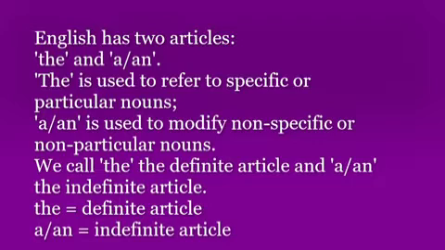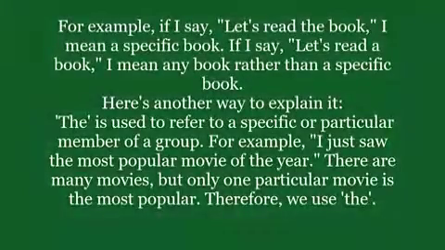We call the the definite article, and a and an the indefinite article. For example, if I say, let's read the book, I mean a specific book. If I say, let's read a book, I mean any book rather than a special book.